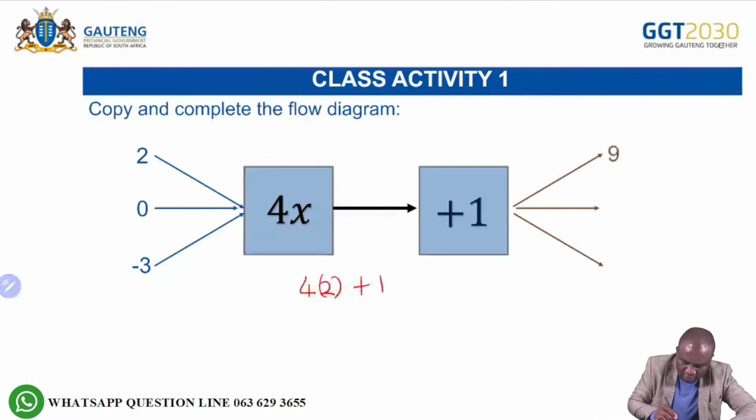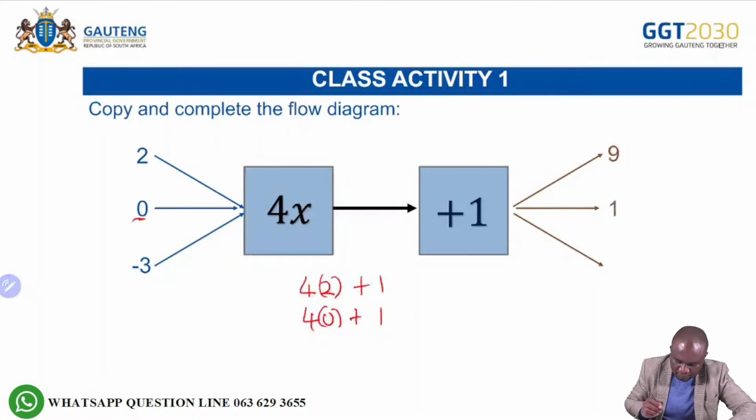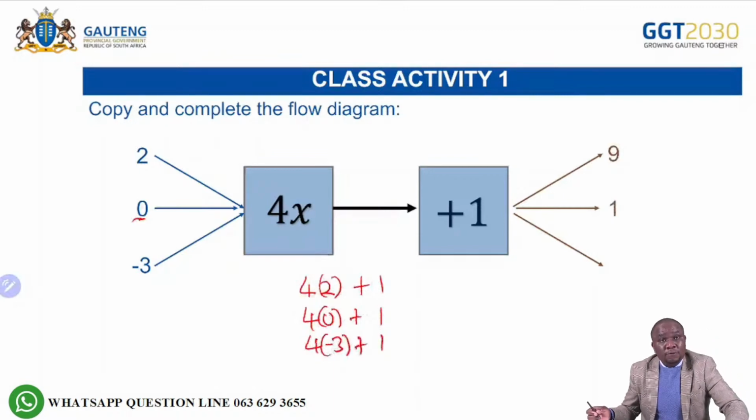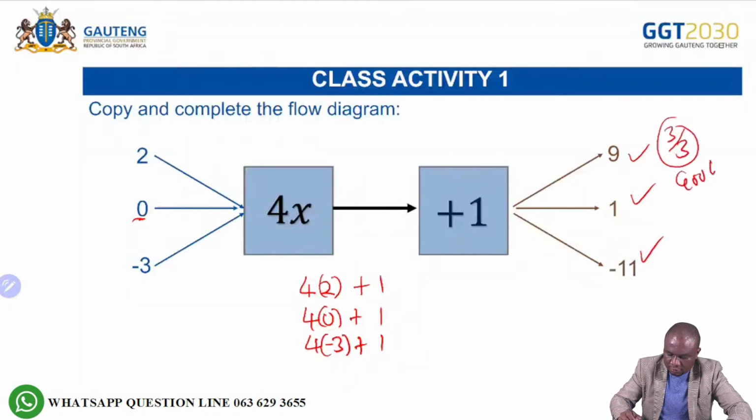If the input value is 0, 4 times 0 plus 1: 4 times 0 is 0, plus 1 is 1. If the input value is negative 3, it's 4 times negative 3 plus 1. 4 times negative 3 is negative 12, and negative 12 plus 1 is negative 11. Please mark your work, and write good if you got everything correct.